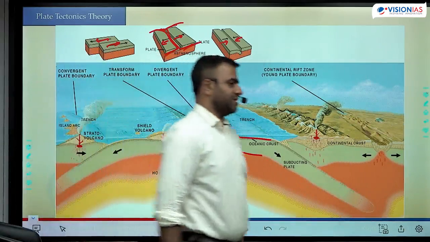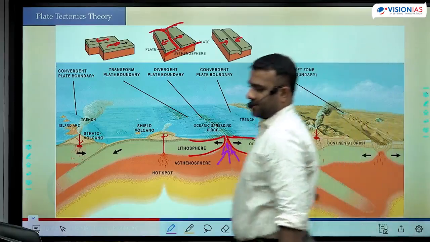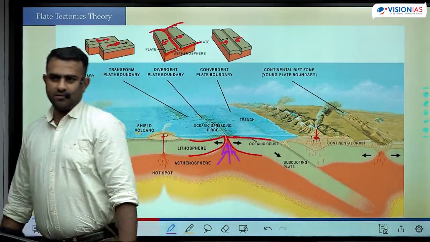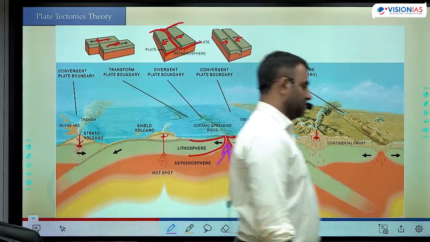Okay, so if the pressure is released, why more magma? Temperature difference is there between these two parts.